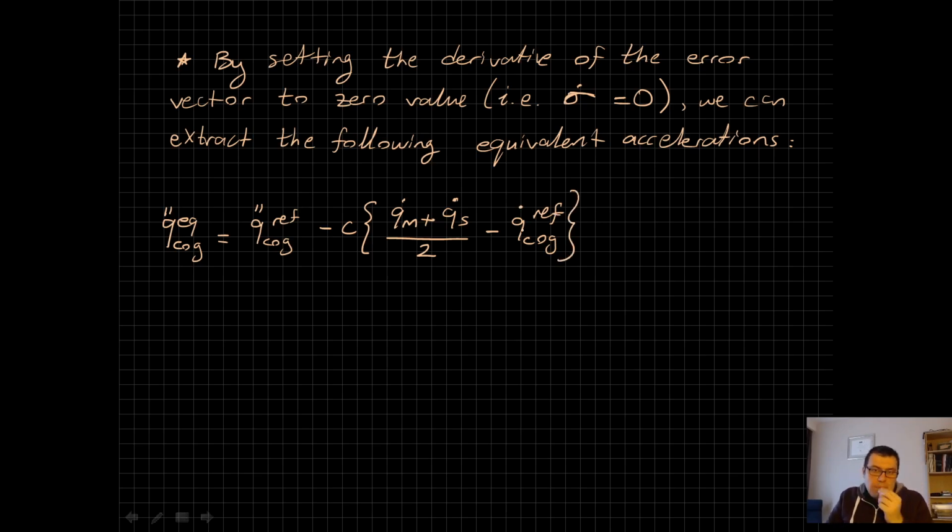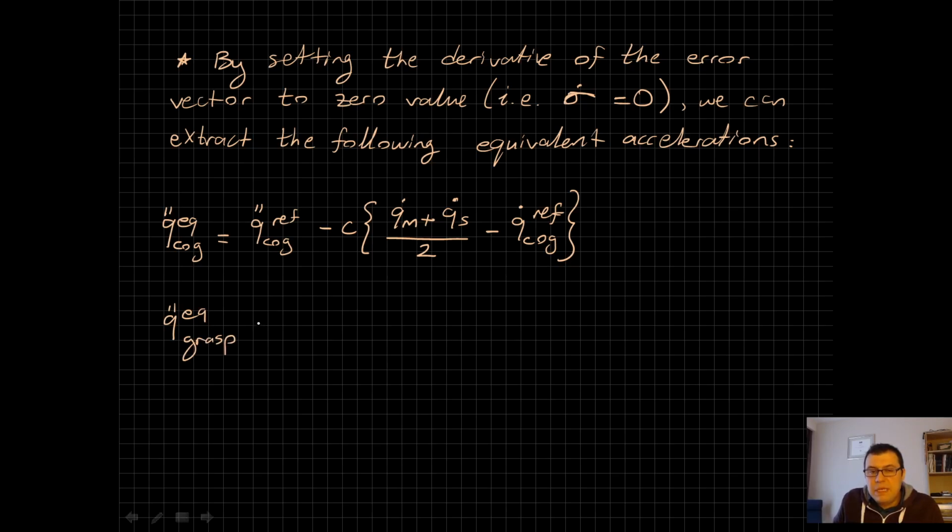So the equivalent acceleration is nothing but the acceleration reference plus C times the velocity reference. If you see that, minus times minus becomes plus, minus some coefficient times the velocity feedback. But there is no convergence term here. And in a similar manner, we can write Q double dot equivalent for the grasp force.